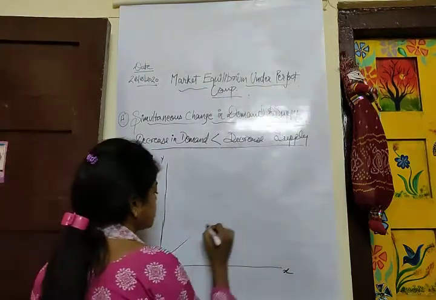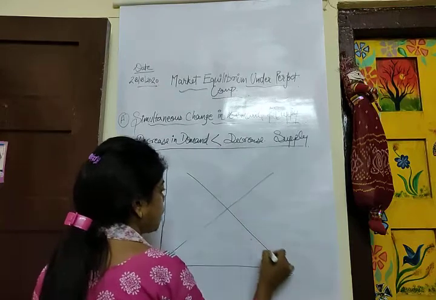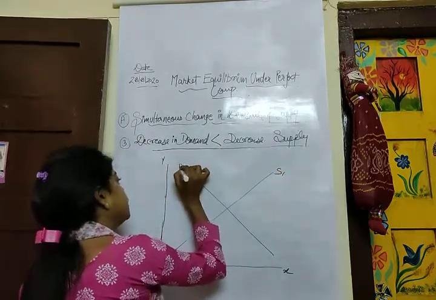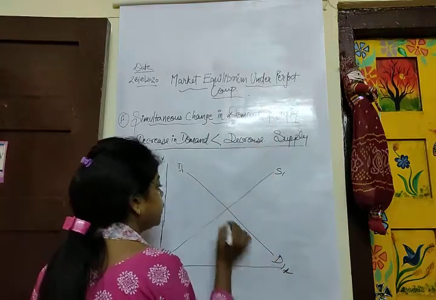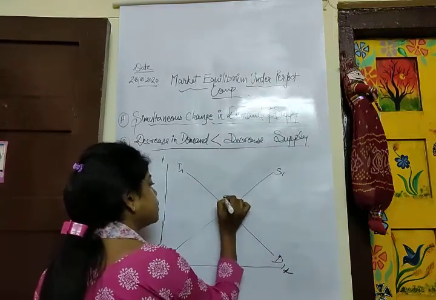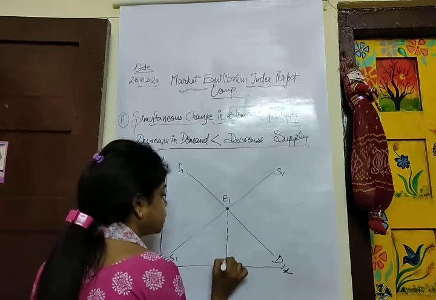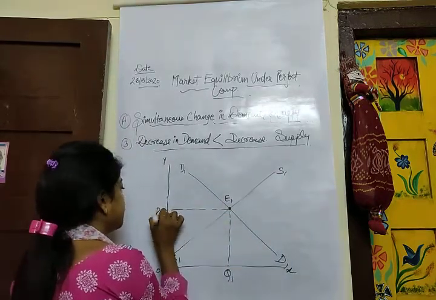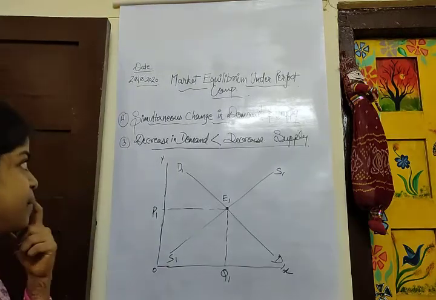Market equilibrium: this is supply, this is demand, S1, D1. The intersection point is E1, the quantity is Q1, and the price is P1.